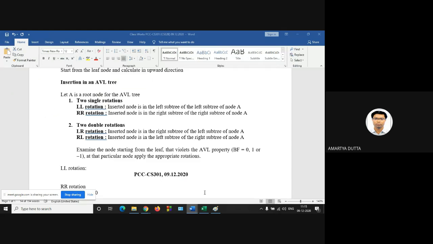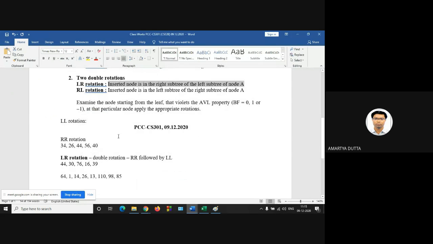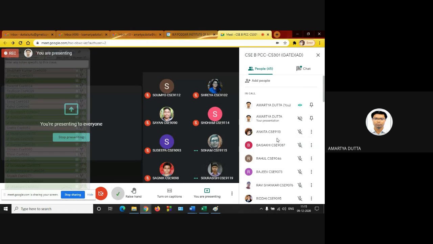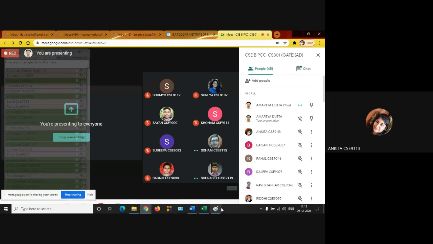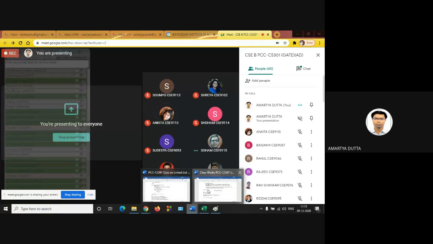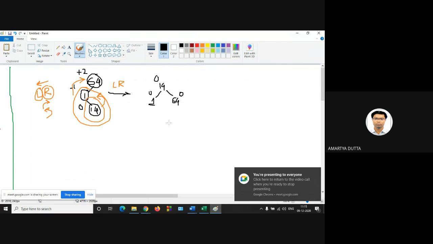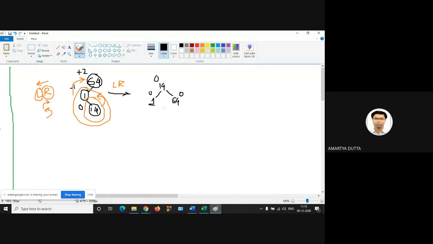Next, which value? 26. Which position? So left of 26... 26 means which position?